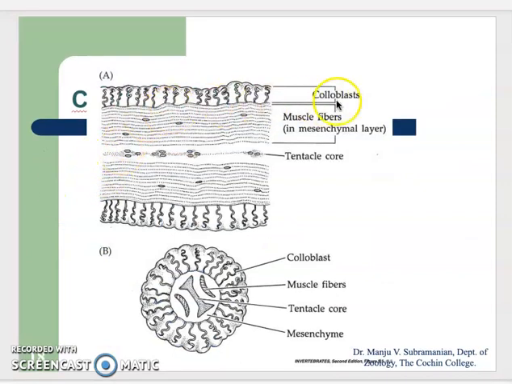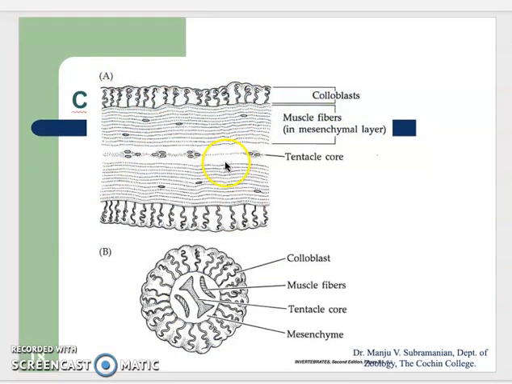You can see this is a structure of the cross section of the wall of a tentacle. If you take a cross section, these cells are the colloblasts, which are embedded in the muscle fibers. These are mesoglial cells, muscle fibers, and there are the amoeboid cells. You can see here in between, amoeboid cells are present, and this is the core region.